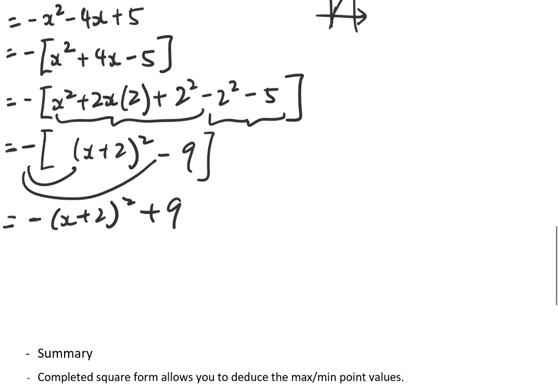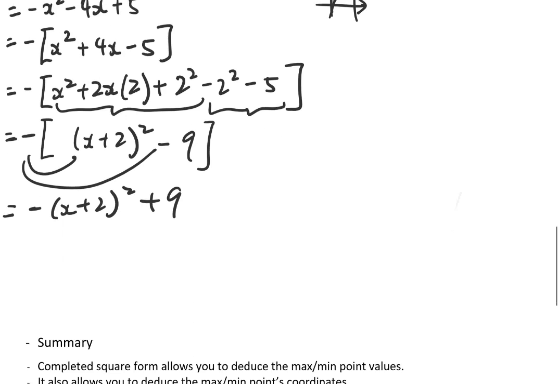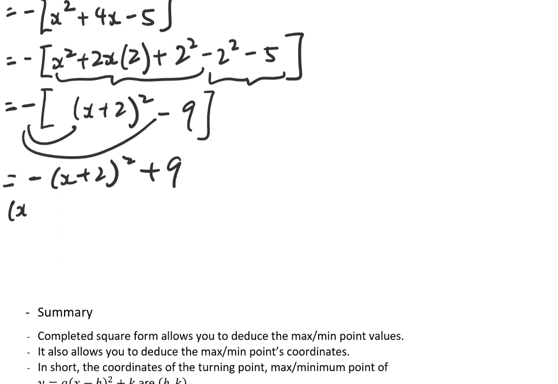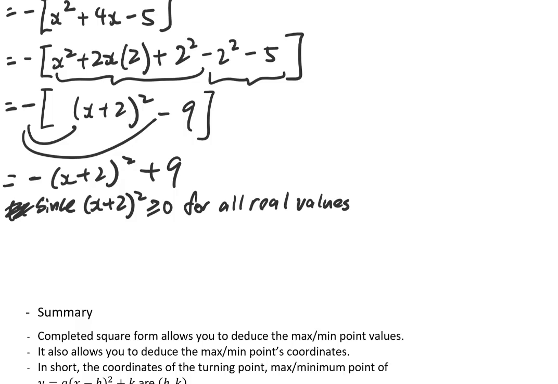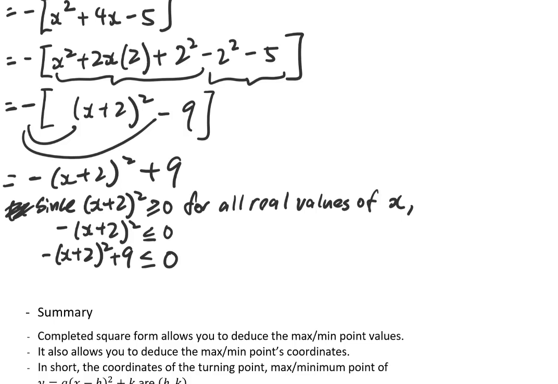Okay? So how to prove? Since x plus 2 squared is more than or equal to 0 for all real values of x, then minus x plus 2 squared, remember, multiplied by minus sign, the inequality sign must change. Plus 9 to match with it.